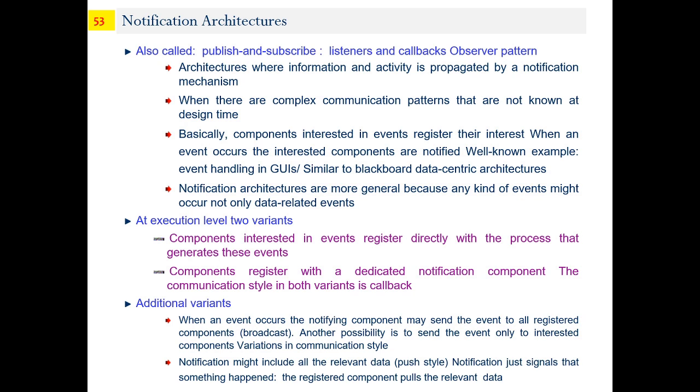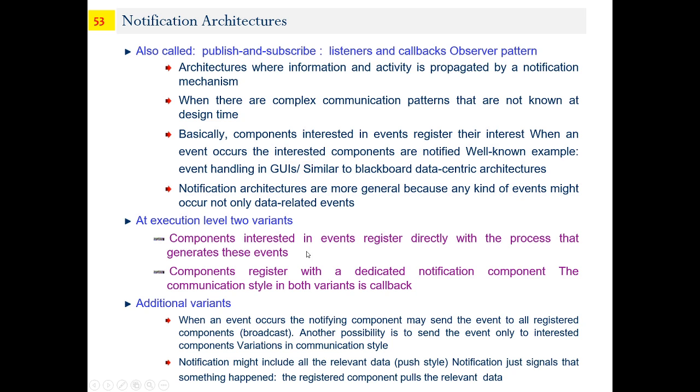Notification architectures, this is something new. Notification: publish and subscribe, listener and callbacks, observer patterns. This is another comparative measure. Publisher and subscribers are the two entities, and just see the execution labels.